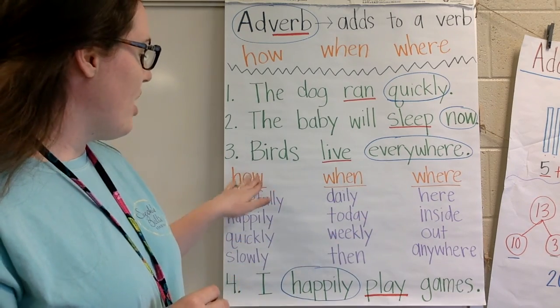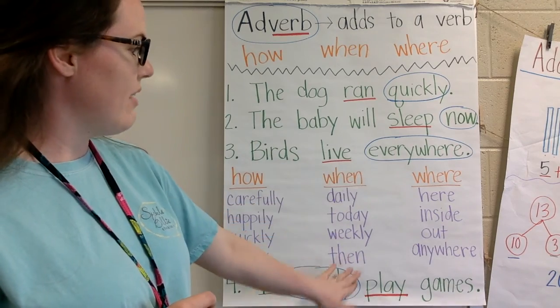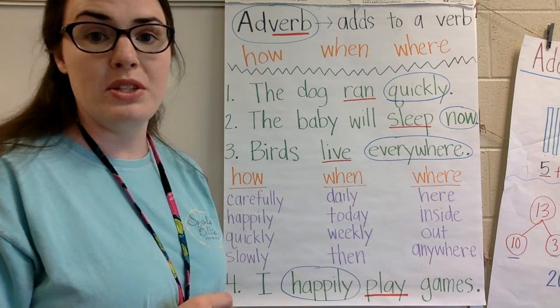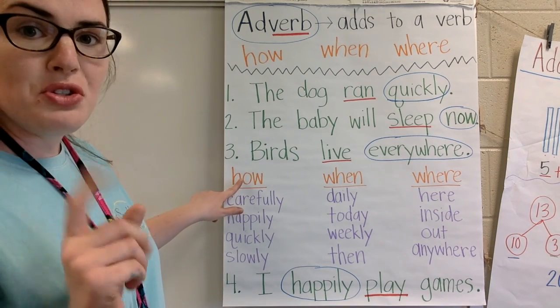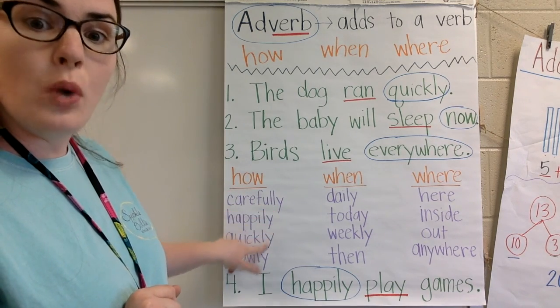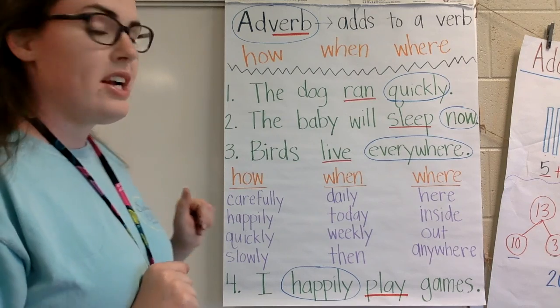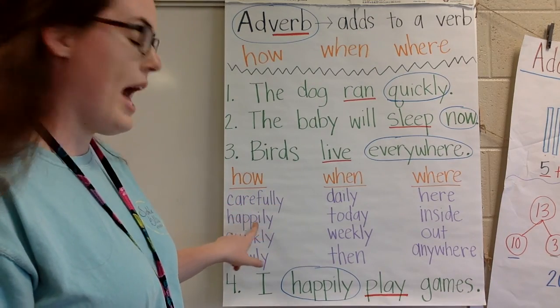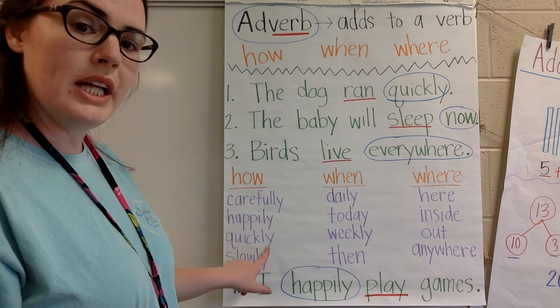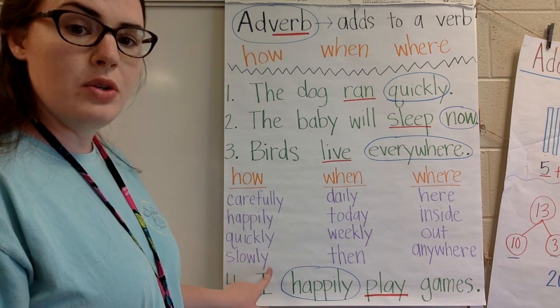All right, I made a list here, and let's read through these words. We've got some how adverbs, when adverbs, and where adverbs, and we're going to read through them. Remember, I told you that a lot of adverbs end in ly. All right, let's read our how adverbs. Carefully, happily, quickly, slowly.